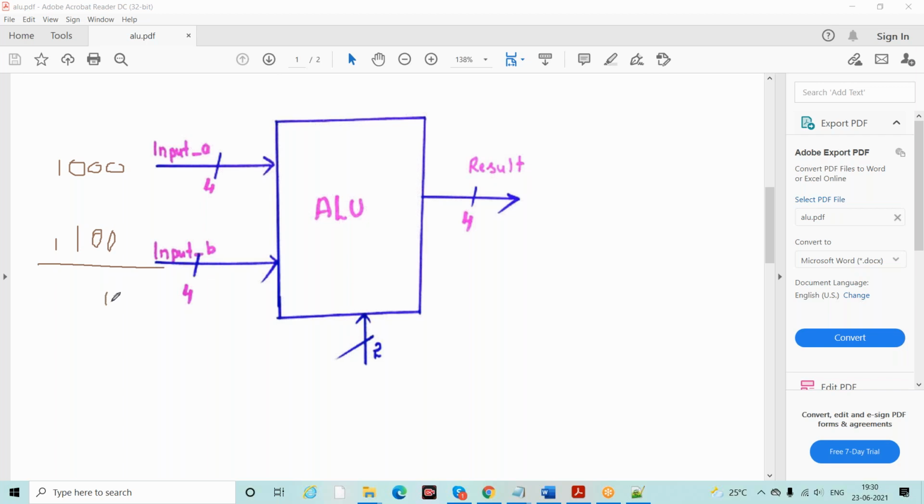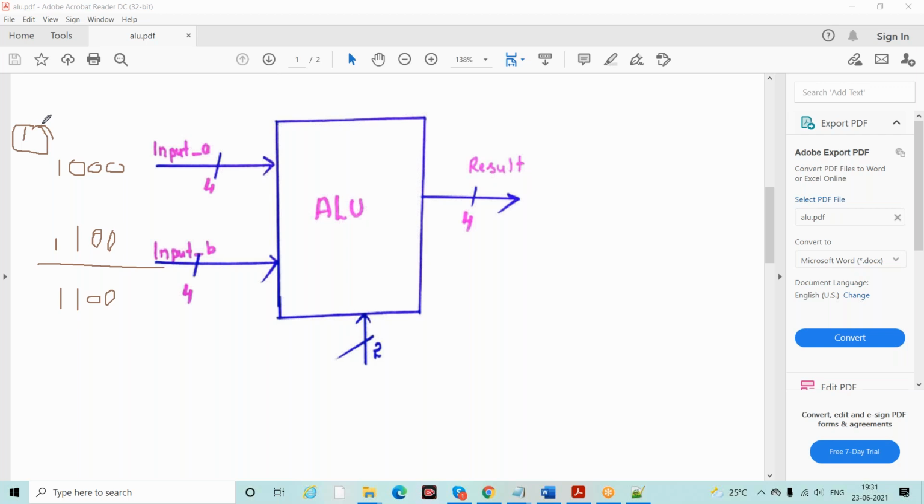This is 0, this is 0, this is 1, this is 1 plus 1, so the carry is 1.